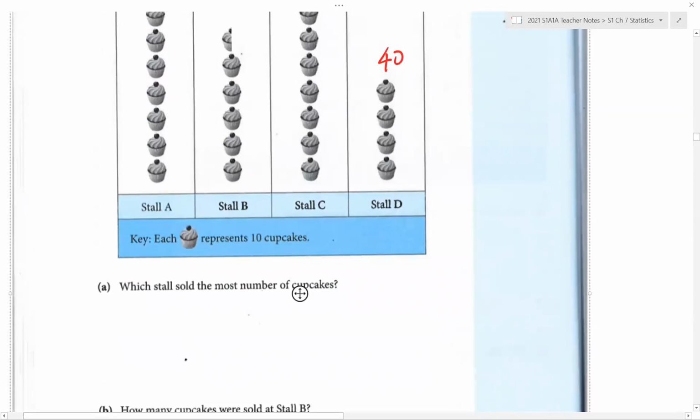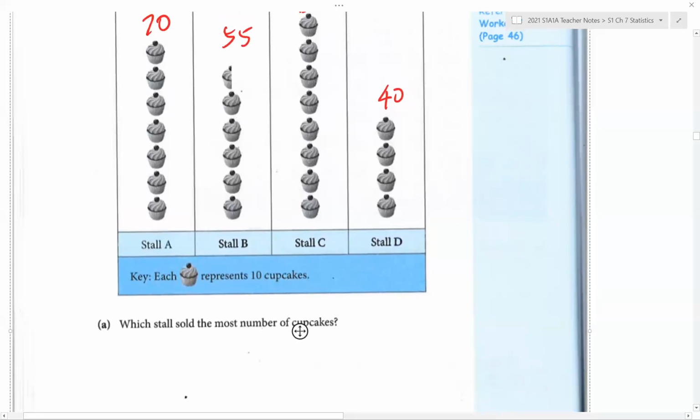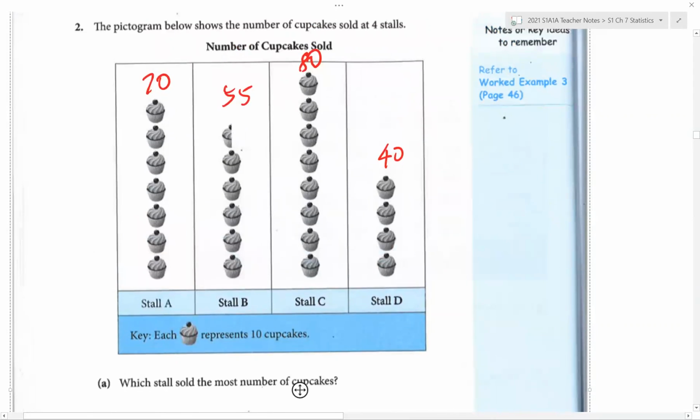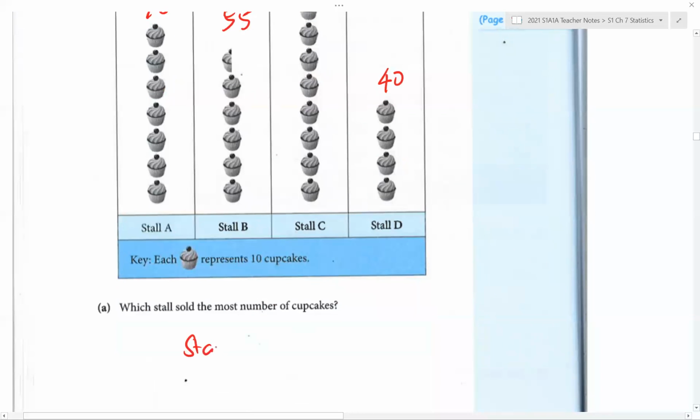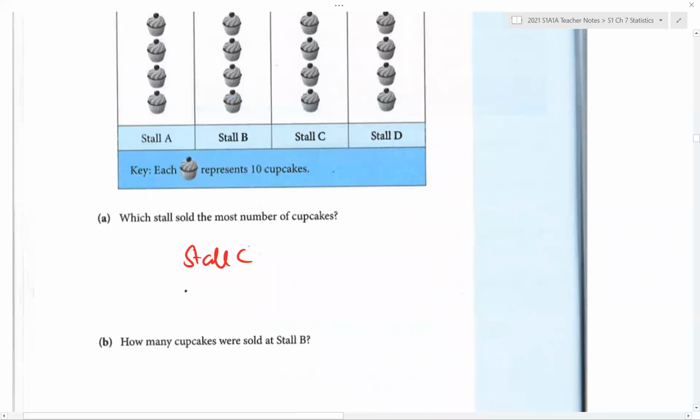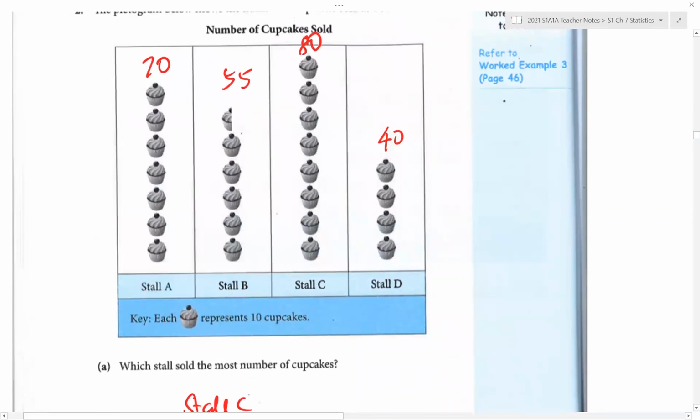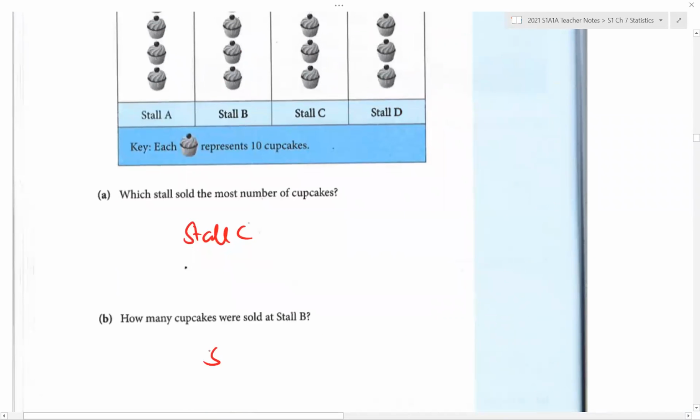Which store sold the most number of cupcakes? Indra? Store C. How many cupcakes were sold in B? What is it? 55.